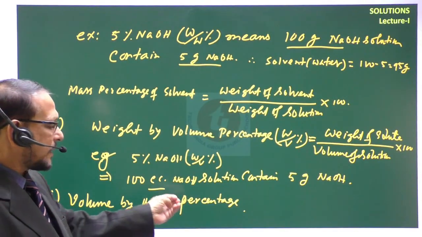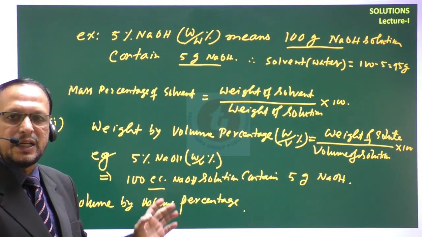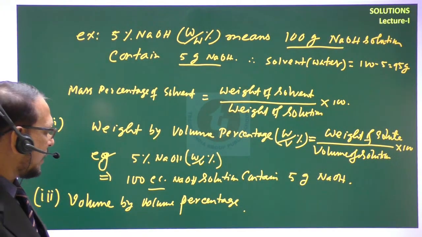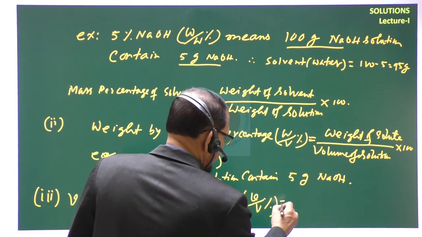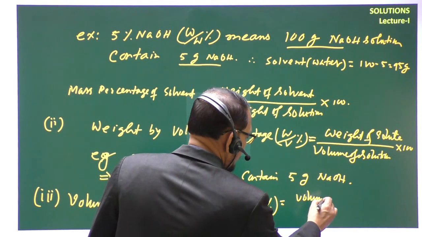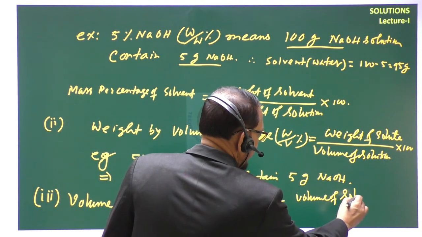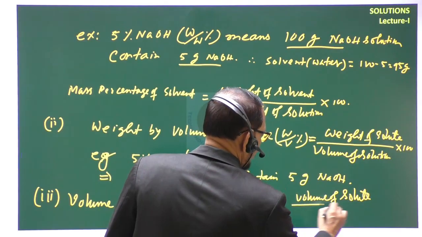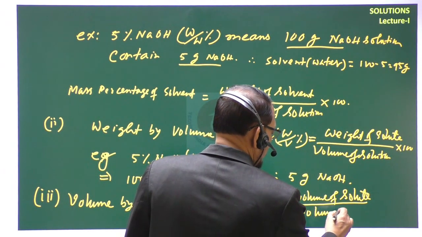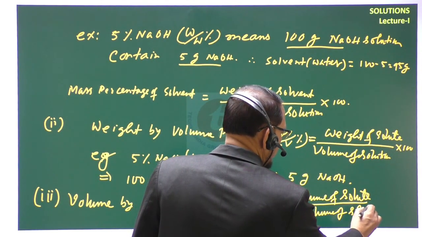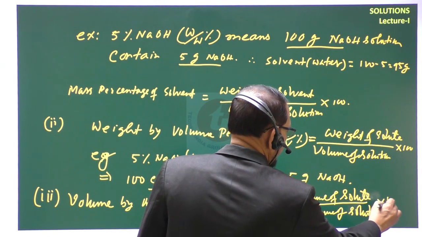In volume by volume percentage, both are in liquid states, like ethyl alcohol and water. So V by V percentage means volume of solute, like ethyl alcohol or methyl alcohol, by volume of solution, alcohol plus water, into 100.